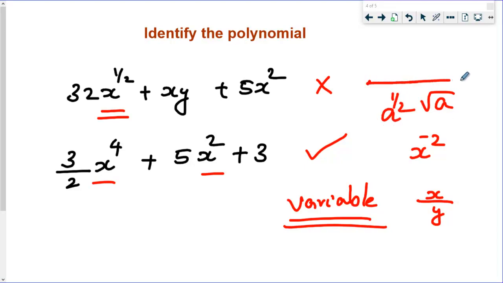If the expression does not contain these, then we can say that the given expression is a polynomial.